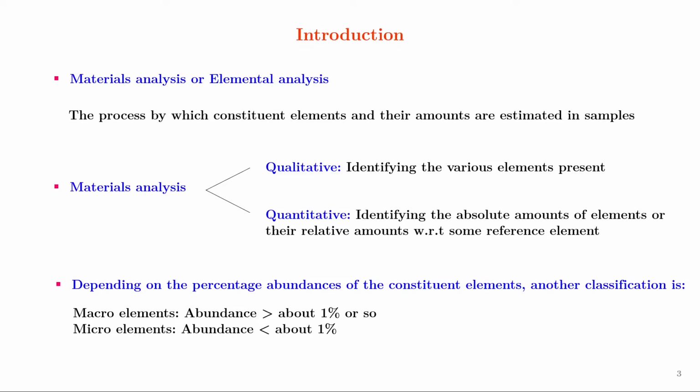However, such a classification is not at all unique. A certain element may be a macro element in one sample, whereas the same element may be a micro element in another sample. As an example, consider the case of carbon. It is a macro element in biological samples, but it is a micro element in steel.